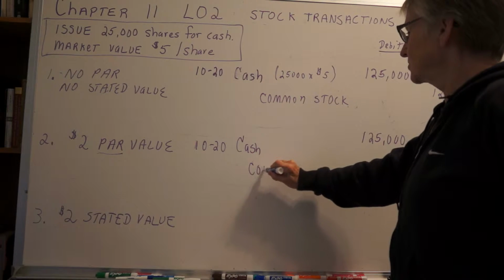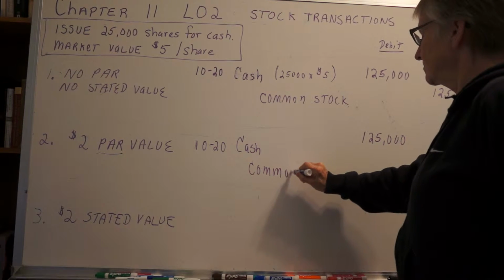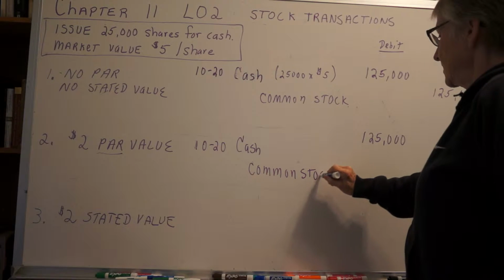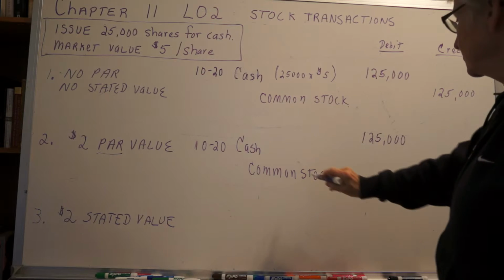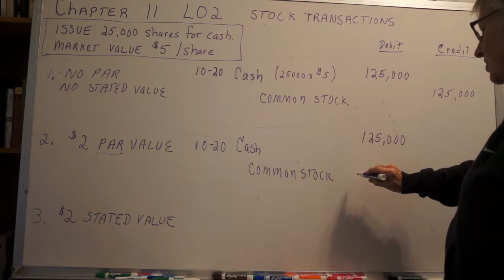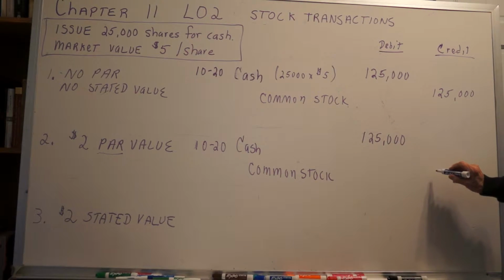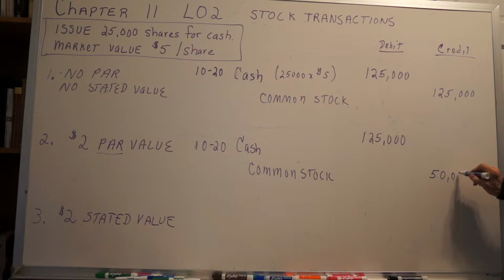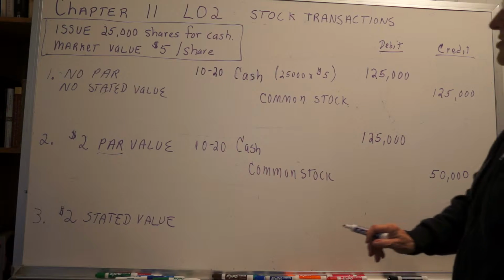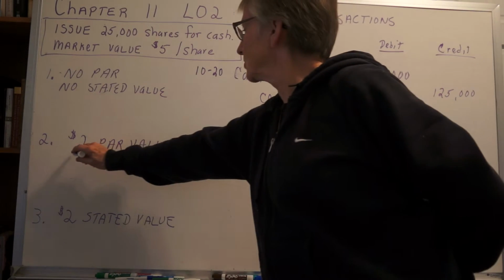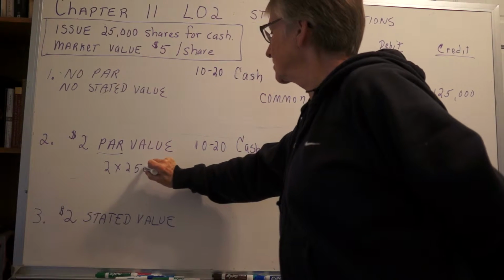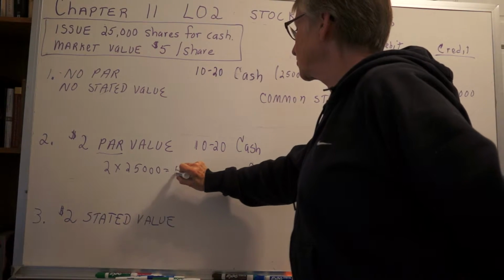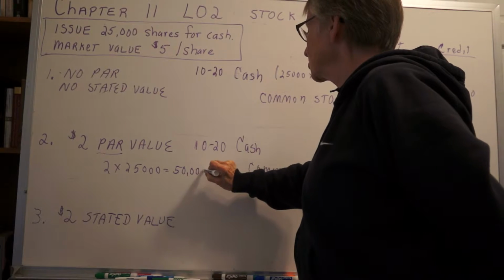So we would credit common stock for $2 a share times the 25,000 shares we issued, which is $50,000. The par value times the number of shares issued gives us the amount we attribute to common stock.